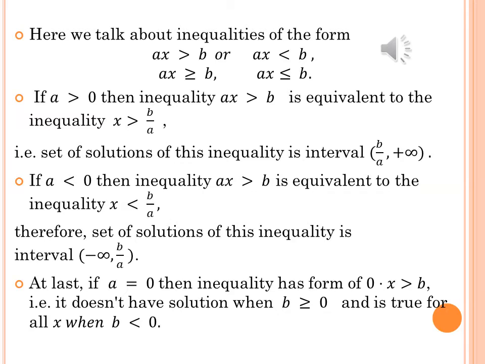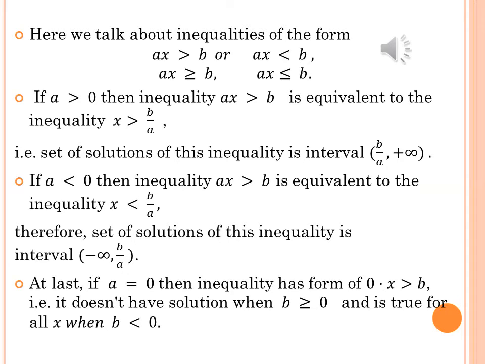If the constant is less than 0, i.e. negative, if the constant in front of x is negative, we change the sign. So ax less than b and a is negative, then x greater than b over a, because we divide both sides by negative a.